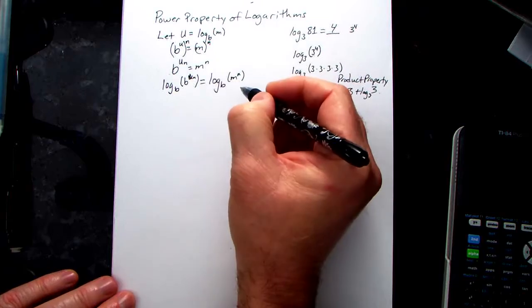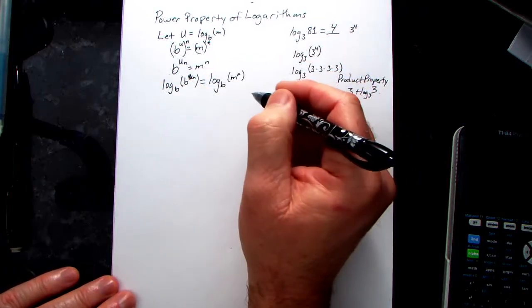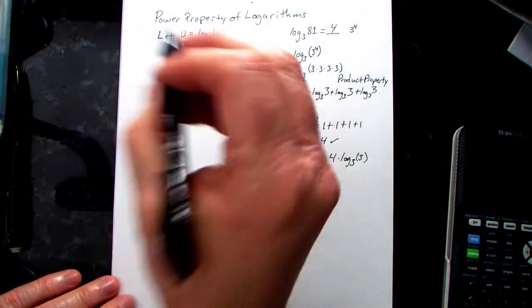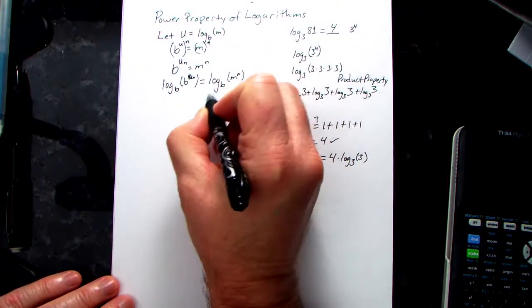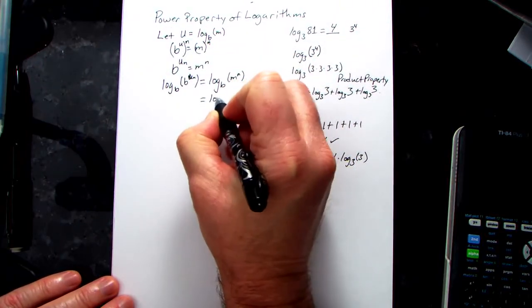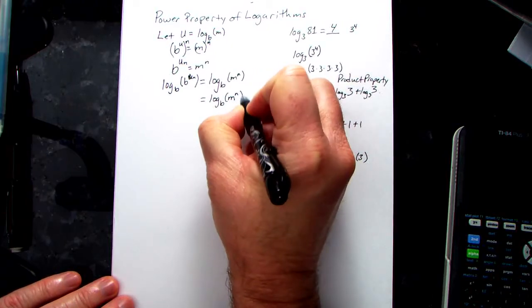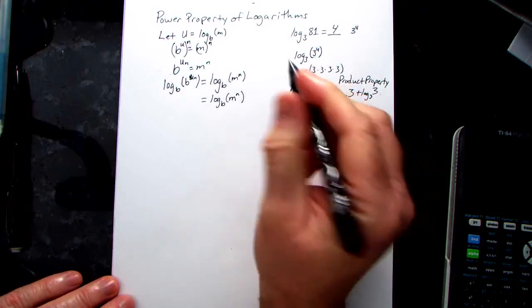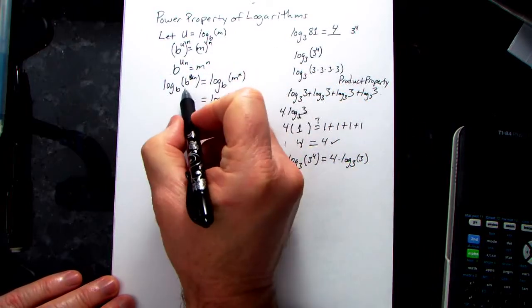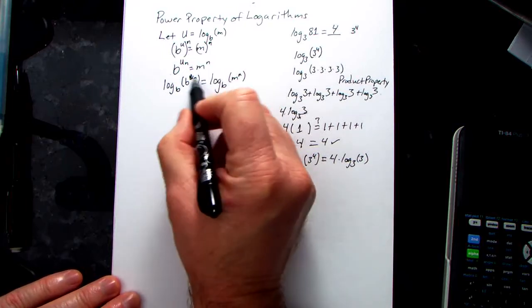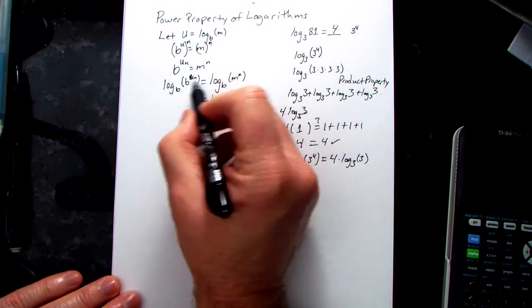Okay. So all I've done is applied this operation of log base b to both sides of the equation. On the right-hand side, I get log base b of m to the n. Okay, so that whole thing is my argument. On this side, I want to look at this and see if I can figure out another way of writing this.